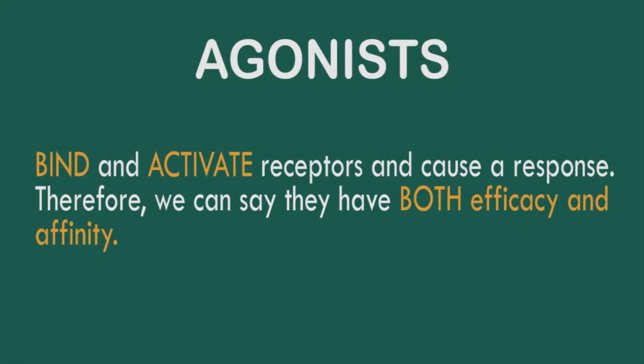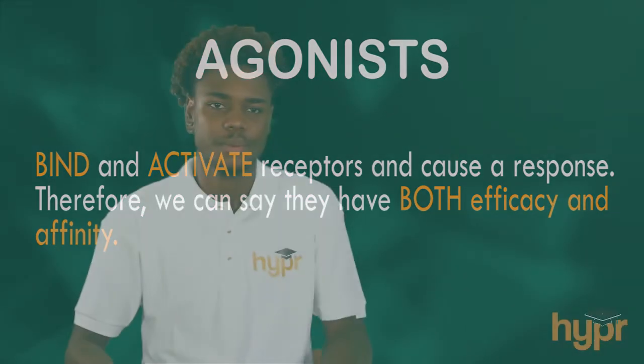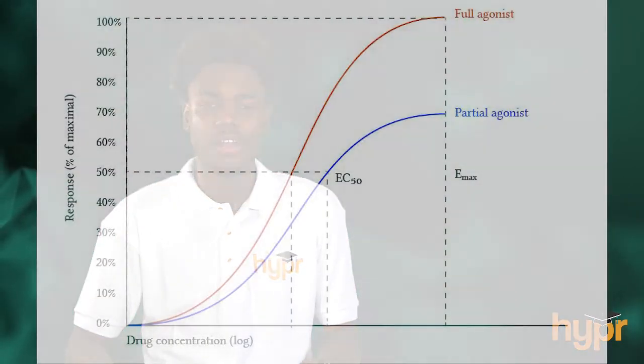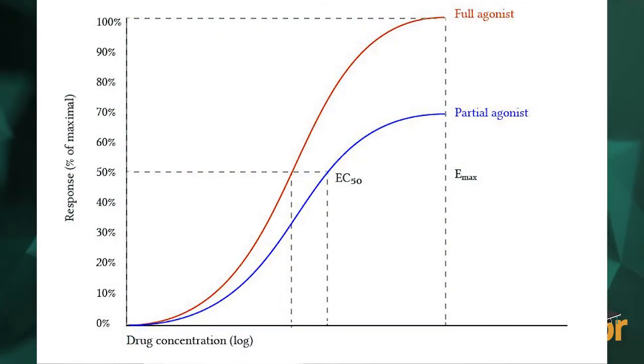Agonists, also known as full agonists, bind and activate receptors and cause a response. Therefore, we can say they have both efficacy and affinity. A subtype of this category are partial agonists. These work similarly to agonists, but they don't activate the receptors fully and only elicit a partial or submaximal response.